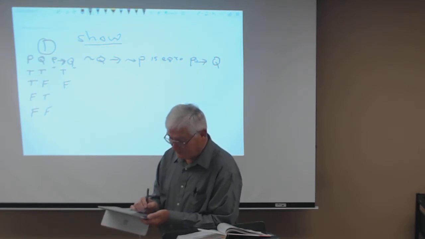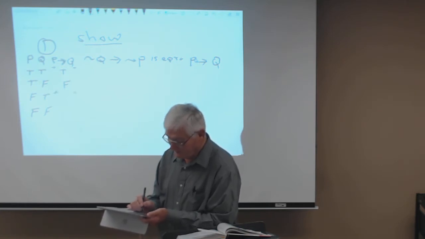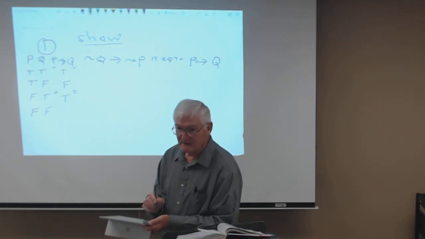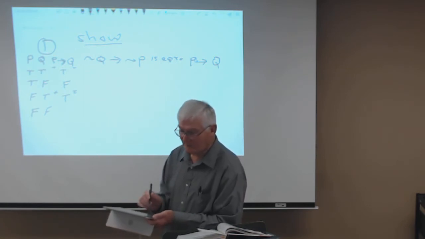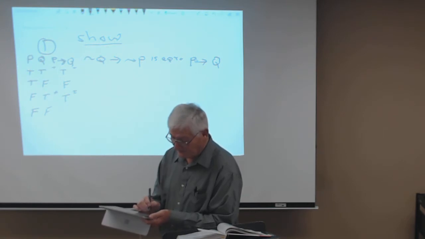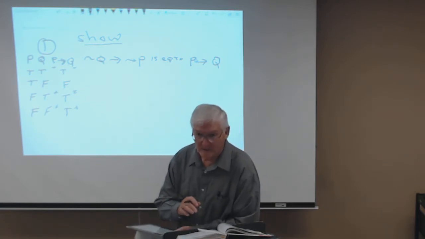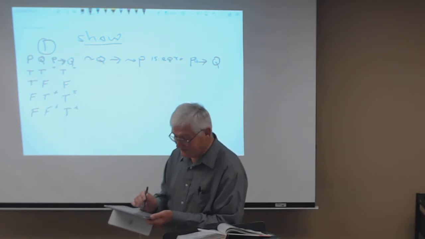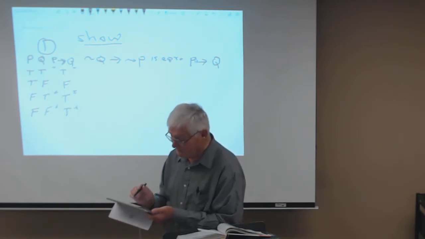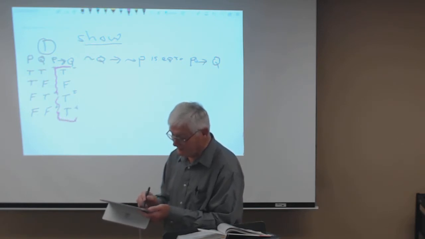If P is false and Q is true, if P then Q is true. Isn't that what page 129 says? And the last one, if P is false and Q is false, then if P then Q is true. Is that what it says? Did I copy it down right? That's the truth value for if P, then Q.